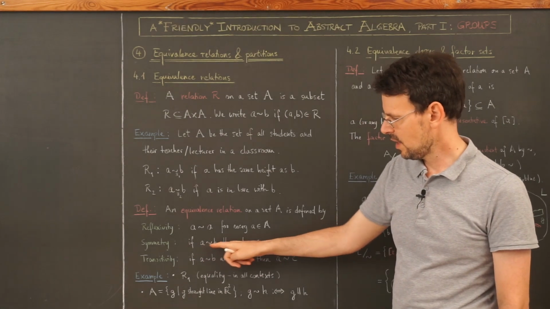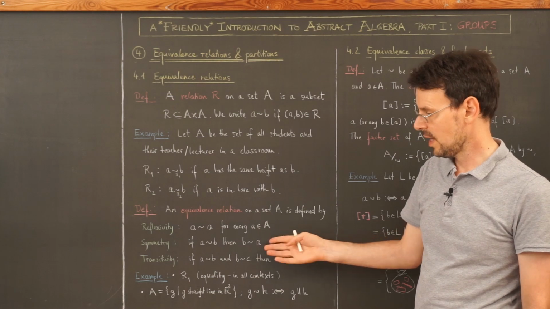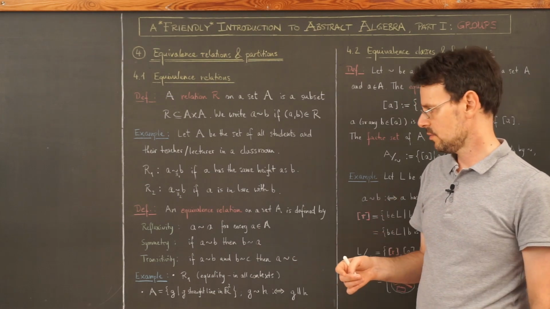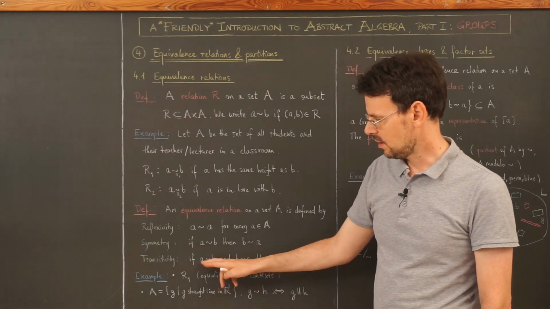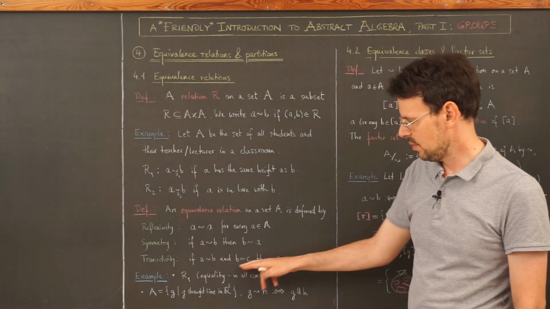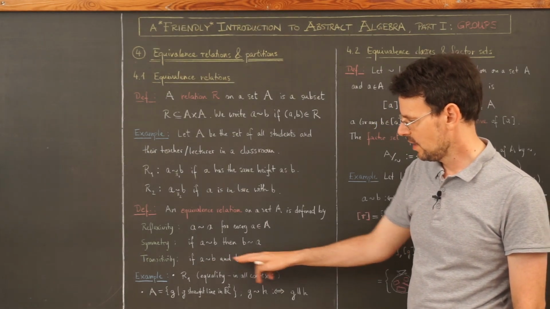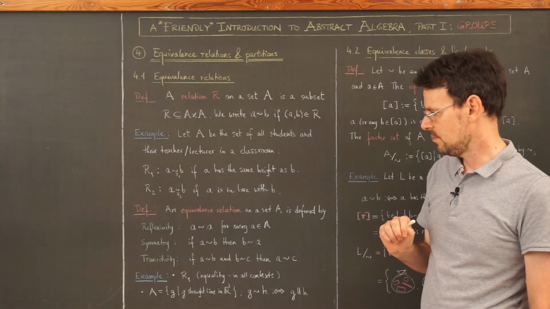That means if a is in relation with b, then b is in relation with a. So you can swap a and b around. And it needs to be transitive, meaning if a is in relation to b and b is in relation to c, then it must follow that a also is in relation to c.